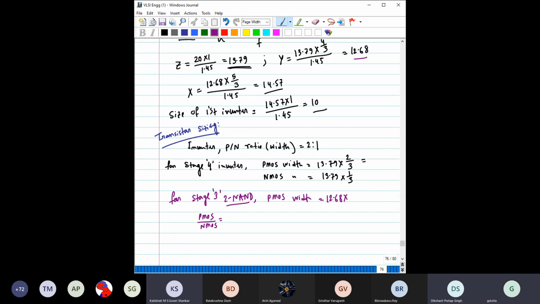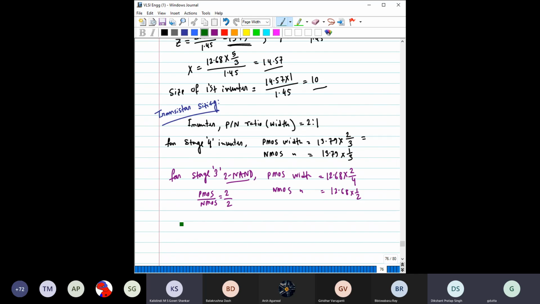Yes, students, please do respond. 1:1. 1:2. Okay, but what is the actual width? It is 2:2. Both 2, right? Yes, we can always write 2:2 as 1, but it is 2:2. So from here, it would be basically 2/4, and NMOS width would be basically half of it, 12.68 into half.